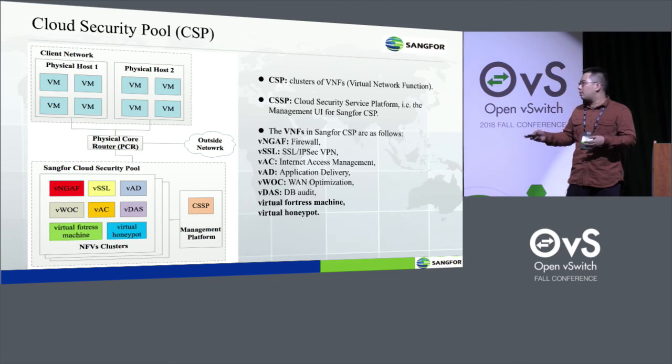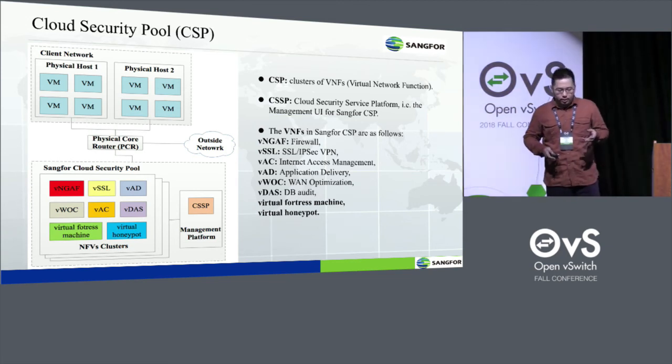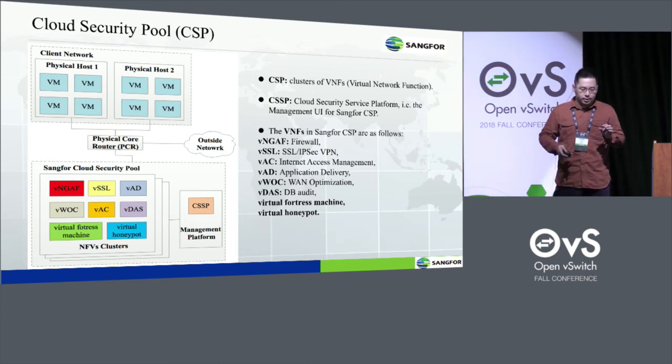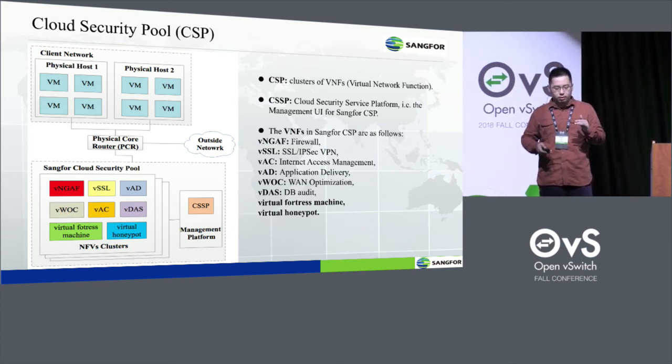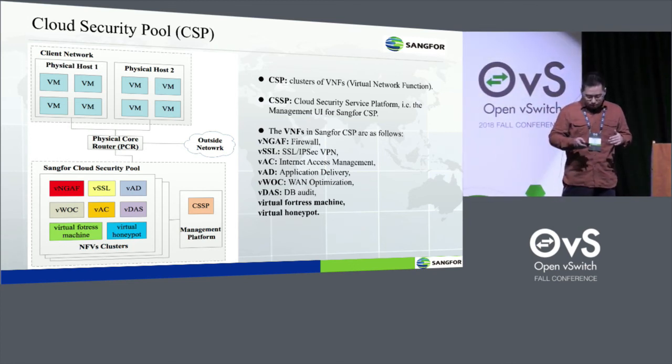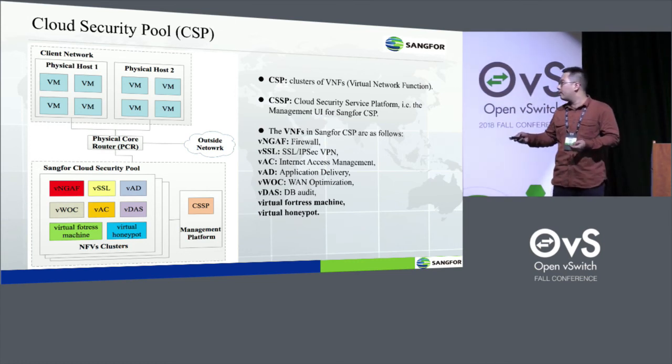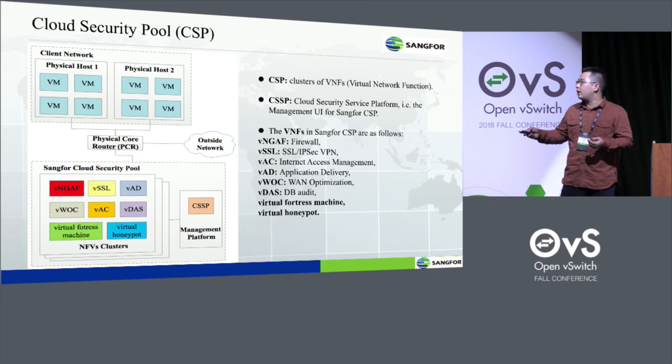And at the top of the figure is the CSP. CSP here is a cluster of virtual network functions. What is a virtual network function? In Sangfor, virtual network functions are like this: VMGAF, they are all in this place.